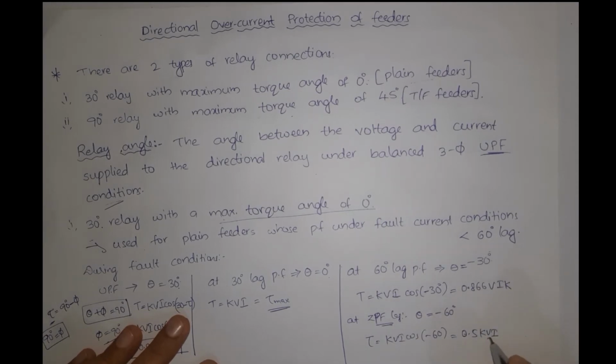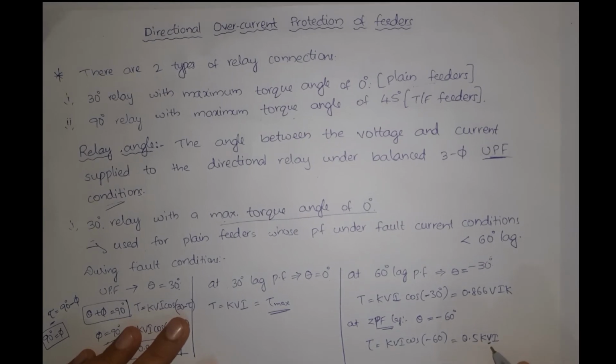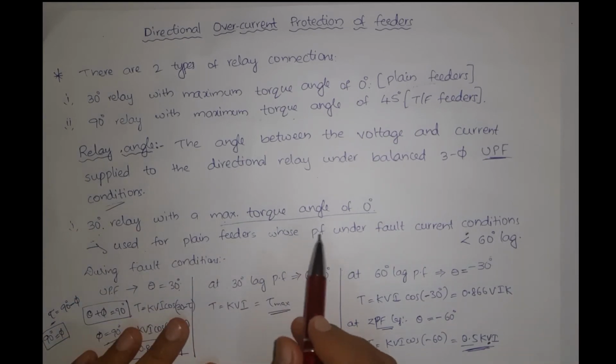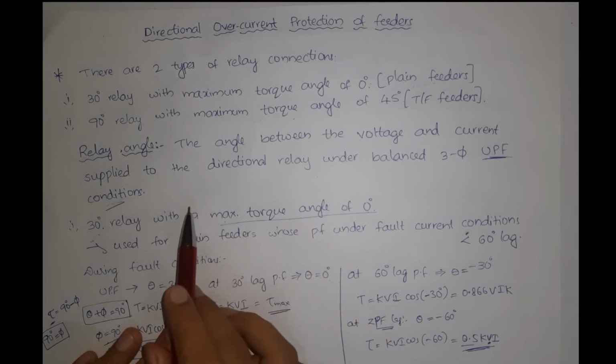If you see, the voltage applied to the relay is very low based upon the fault conditions. During the fault, voltage is very low, so this 0.5 KVI value will be very, very small. For this low value of torque, the relay will not be able to operate. So this relay connection, the 30 degrees relay with maximum torque angle of 0 degrees, is not suitable for plain feeders.